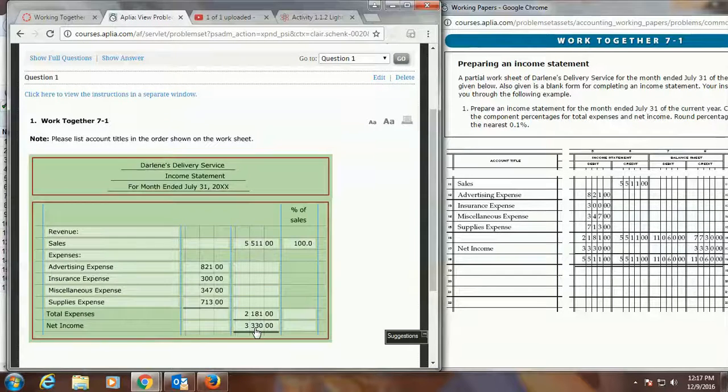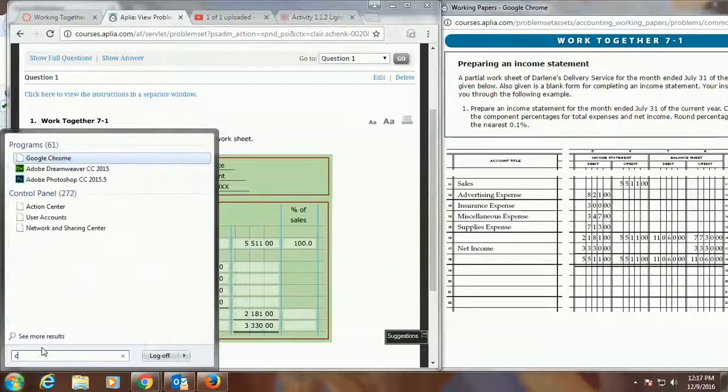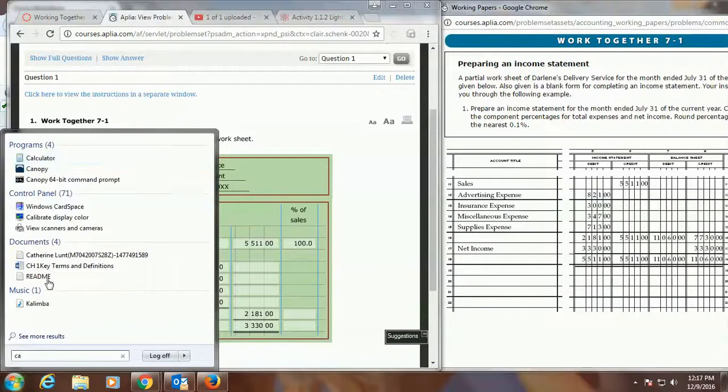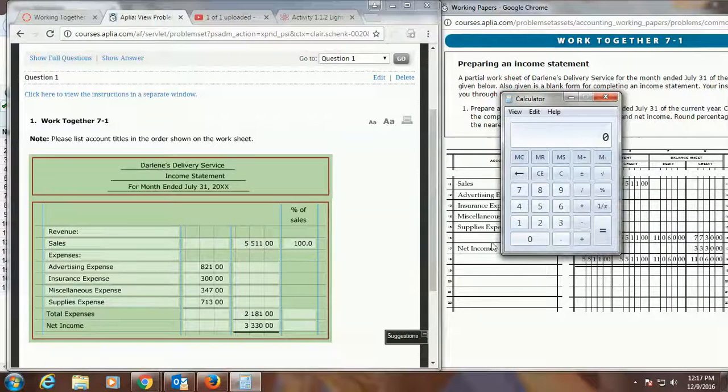component percentage for this part here. And what I do is I'm going to bring my calculator out so I can show you how to do the math. And basically what I do is take the 2,181, I'm going to divide that by the sales of 5,511, and that gives me a number of 0.3957.